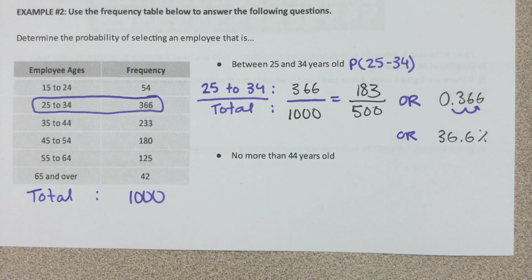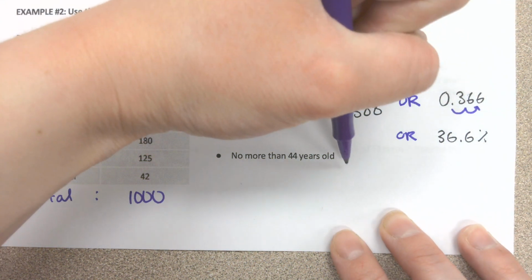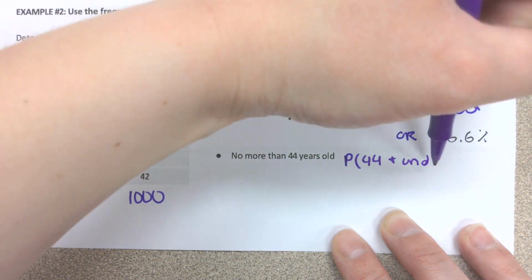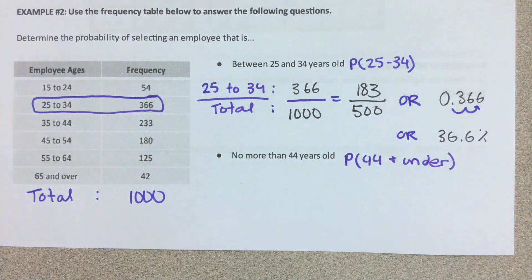So this actually is, we could say this a few ways. We could say up to 44 years old, or we could say 44 and under. So I'm going to go with that one. I like that. So this is probability of 44 and under. That's why we clarify, because the wording can be vague.